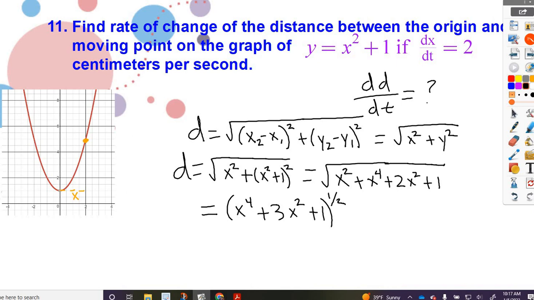Okay. I'm taking my derivative. So dd dt, and I'm bringing down my 1/2. I subtract 1, I now have a negative 1/2. But what do we also always have to multiply by? Not the inside. The derivative of the inside. Okay? What is the derivative of the inside there?